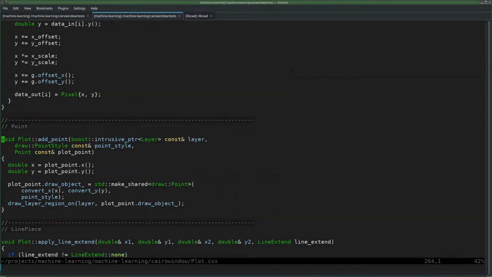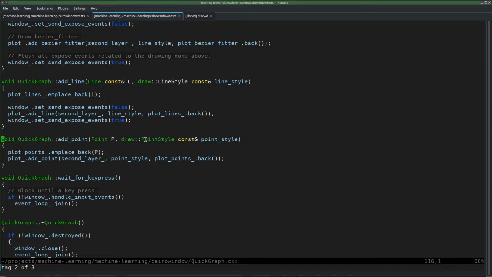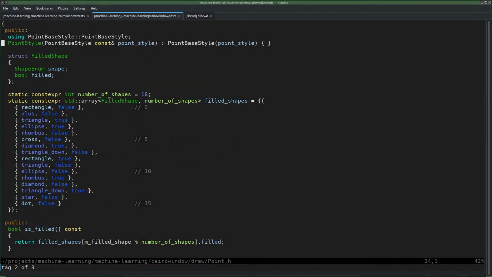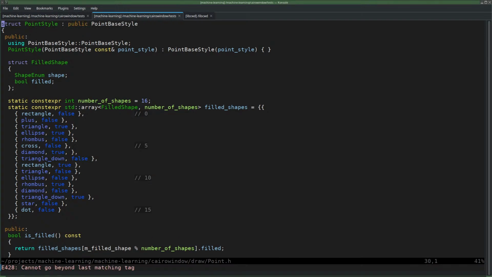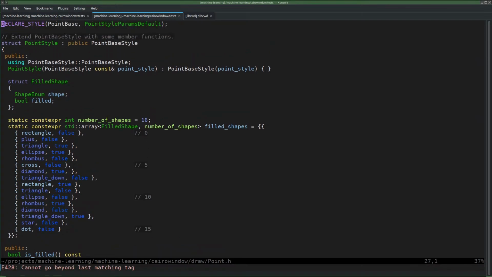I think it's a draw point style. Yeah, maybe all the styles are in namespace draw. Yeah, this isn't draw. Okay, it's draw point style.